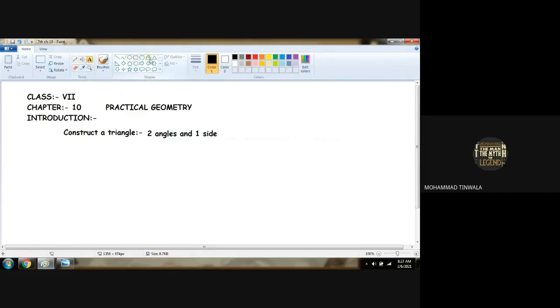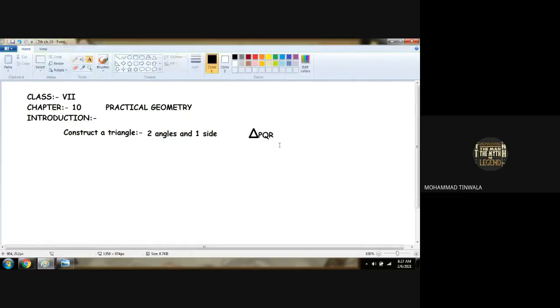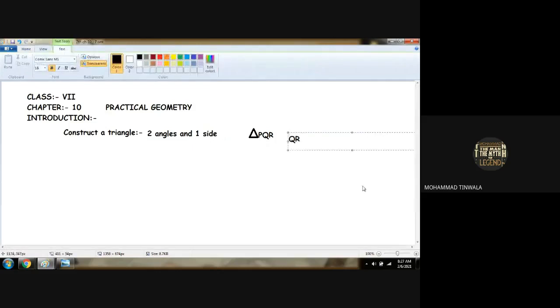For example, we take triangle PQR, we have to construct triangle PQR. QR is 6 centimeter, if I say. Then angle Q is 30 degree.